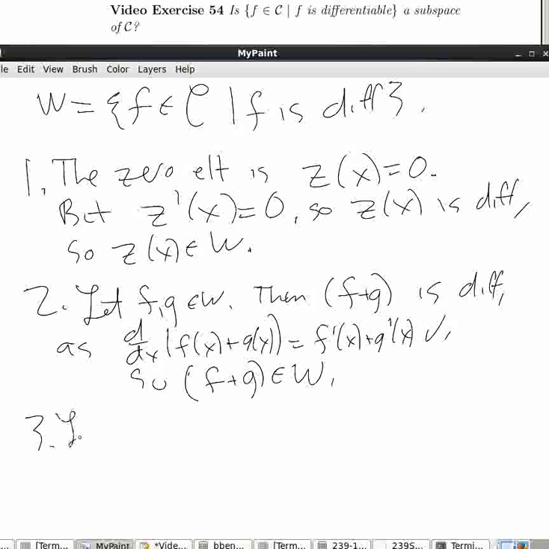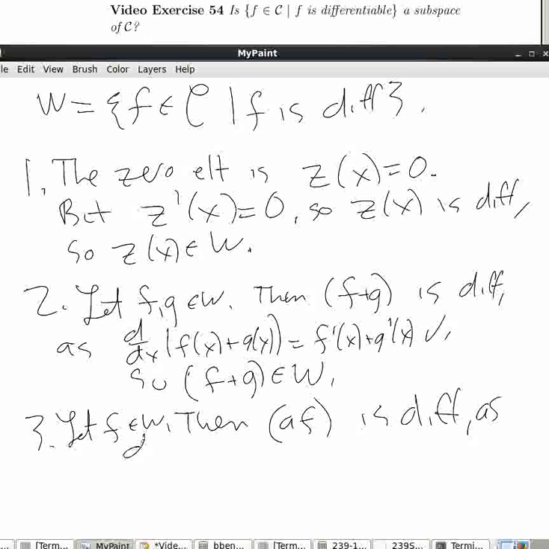Finally, I'm going to let f belong to W. I'm going to show you that if a is a scalar, af is also differentiable, as the derivative of af of x, maybe I should say this up here. This is what we're interested in, and that's equal to these two things separately.